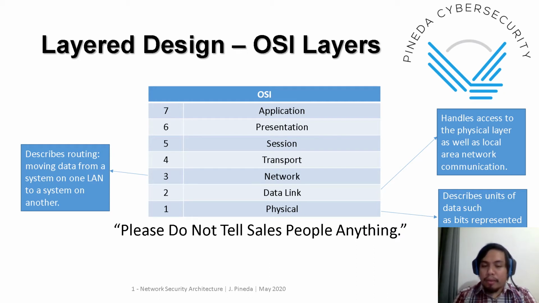And then obviously, layer 1 is physical, which describes units of data such as bits, represented by pulses. It can be electric signals. So that would be the short summary of the OSI layers.